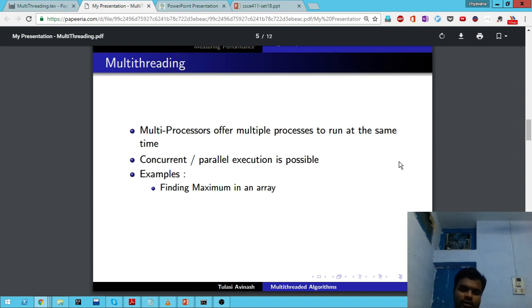So let's look at a few examples to understand the parallelism.